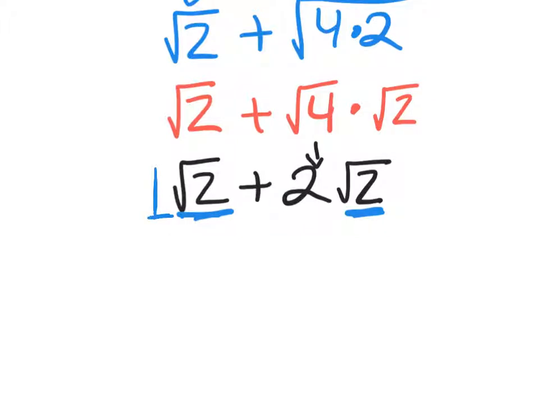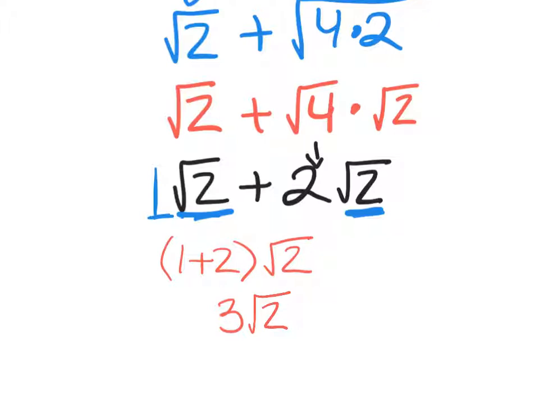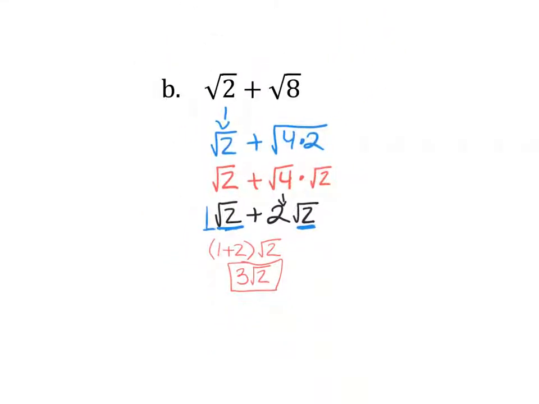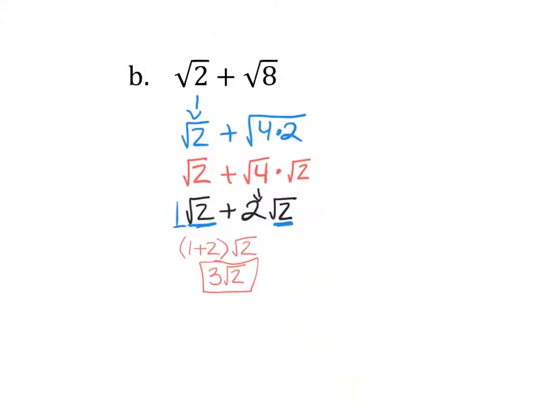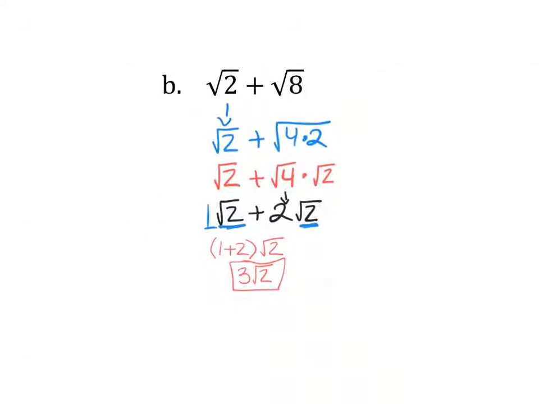So we have 1 square root 2 plus 2 square root 2, so we can do 1 plus 2, which will give us 3 square root 2. Okay, so a lot of this stuff that we're doing with radicals here just involves a lot of simplifying. Any questions on letter B?